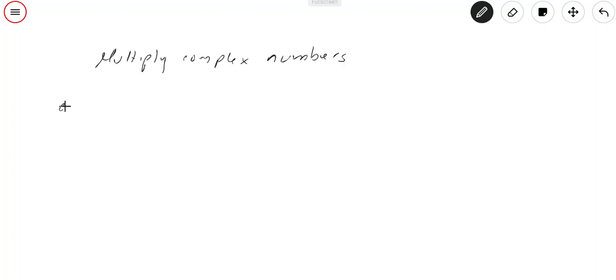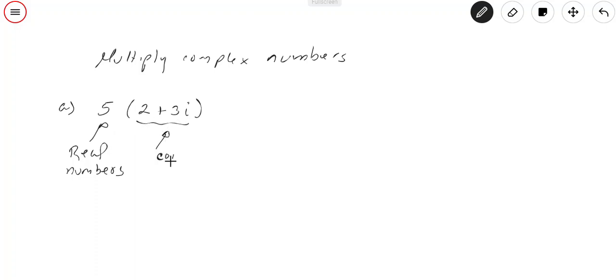In the first example, I will give you 5 times 2 plus 3i. So what is this? This number here is a real number, and this one, of course, is a complex number.